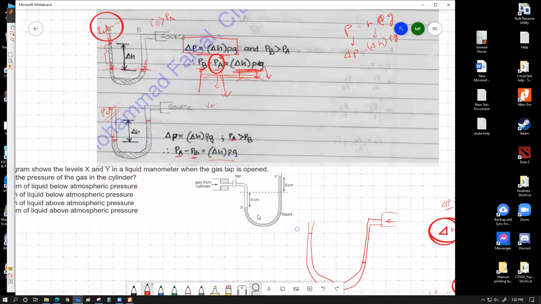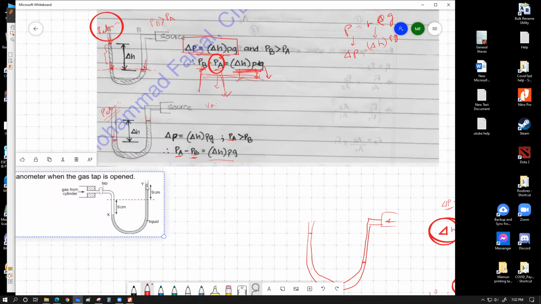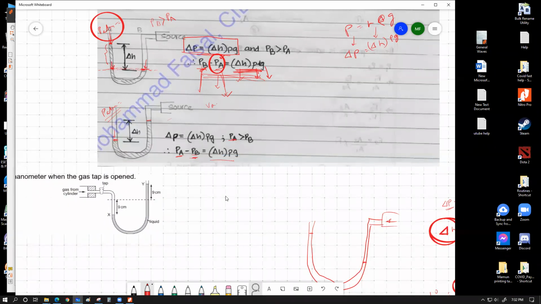Here, one of the levels went down by 9 centimeter and the other level went up by 9 centimeter. So what I want you to judge, what is the delta H? Delta H is the height difference between the two levels. So what is the delta H here? Not 9, 18 centimeter.